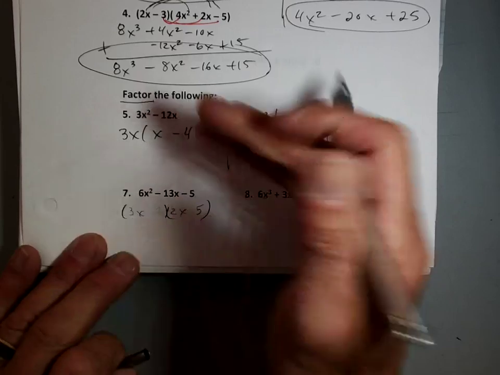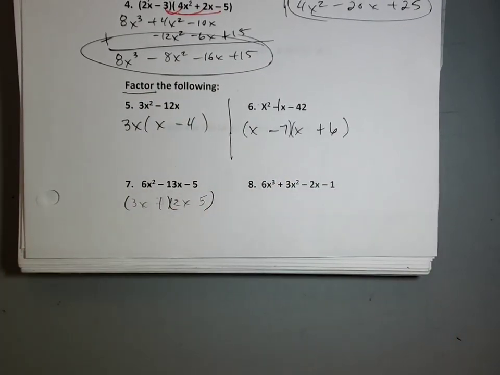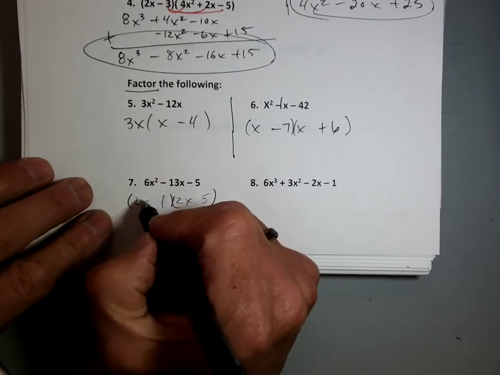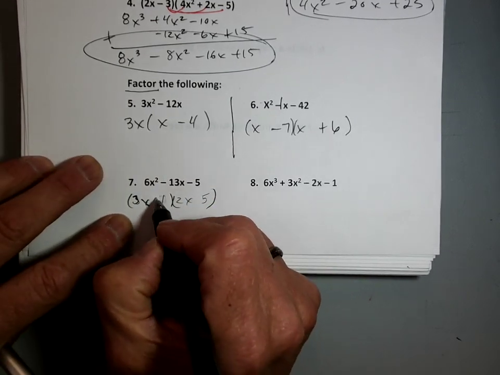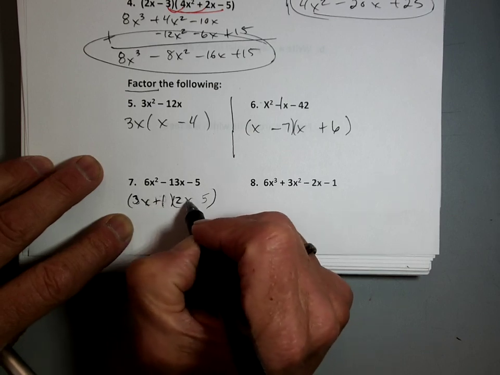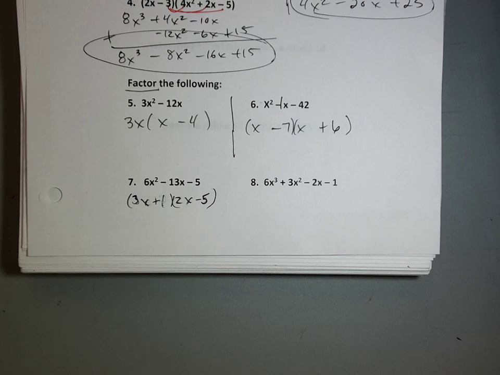Thank you. Now that works. There we go. So, 3x, and I want a plus 1, 2x minus 5. There we go. That one works either way.